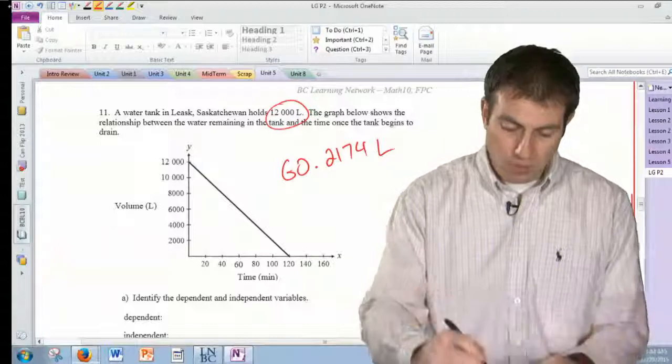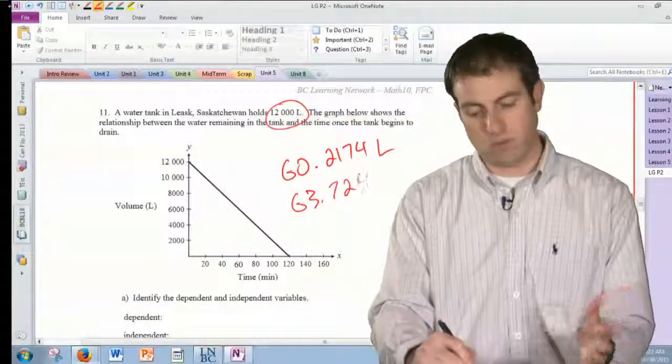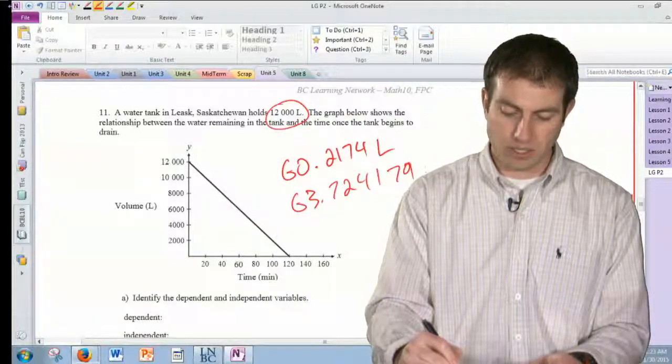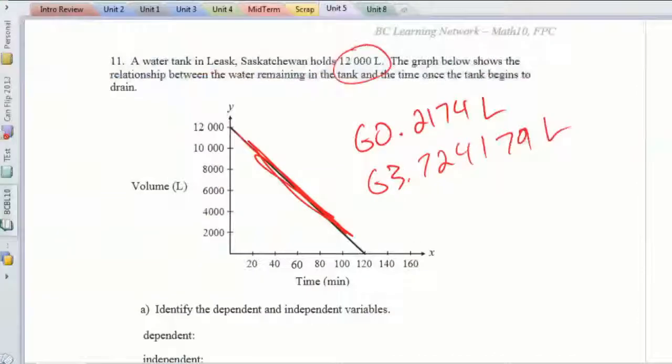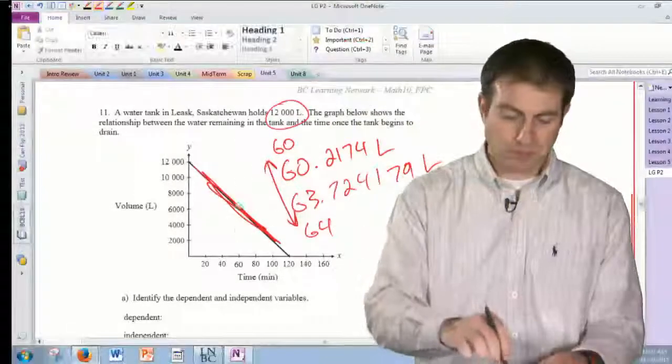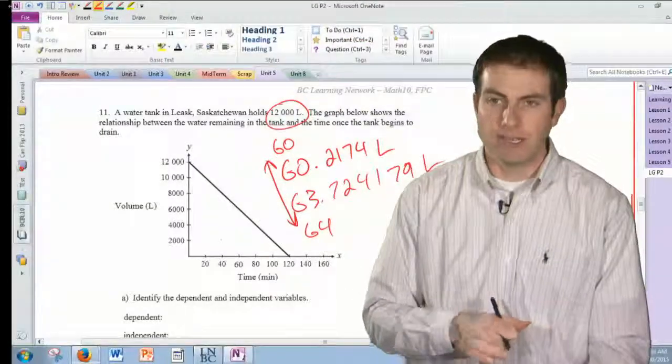Or you could have 63.724179 liters. So it's a continuous line because you can have values between, 60 is down here, you got 64 up here. You have everything in between those whole numbers. So we're going to have a continuous line there.